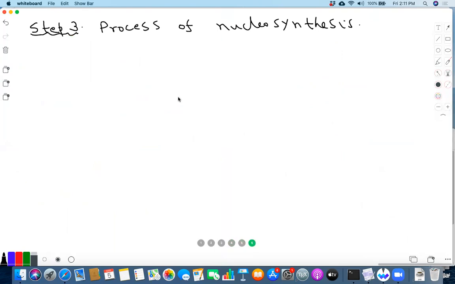Okay, so now let me first give the basic processes that are involved. Basically we'll stop at helium because helium is the most stable of the light nuclei. So the processes that are involved are these. P plus N goes to deuteron plus gamma. The deuteron is 1P plus 1N.